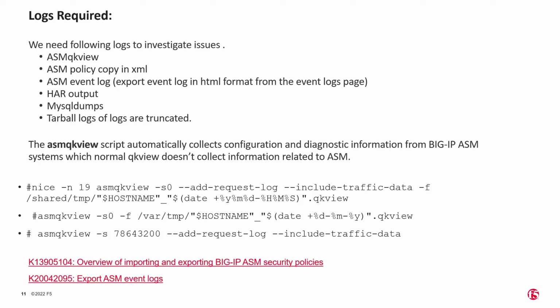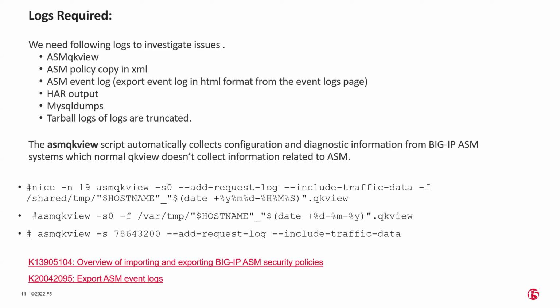Apart from that, the second and third commands you can use normally, which will generate the QKView with the hostname and the date. The third and last command will not have any limit. Sometimes we have to do a repro in an internal setup with your policy, so we have to extract it. With ASM QKView, if the policies are very large, like some customers will have hundreds of policies, QKView might not capture all of those things.